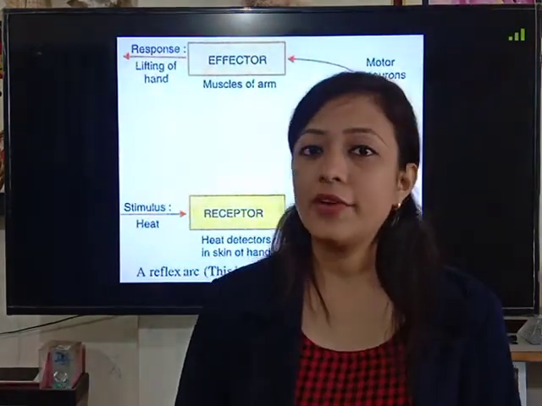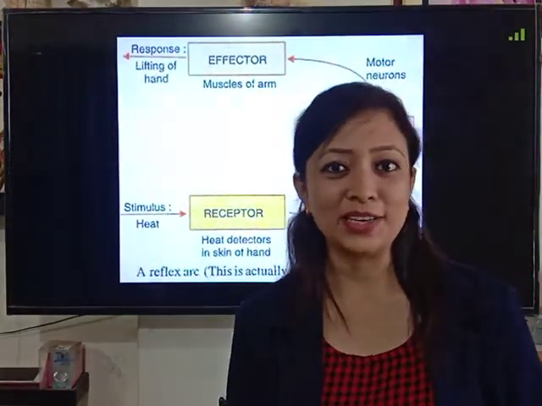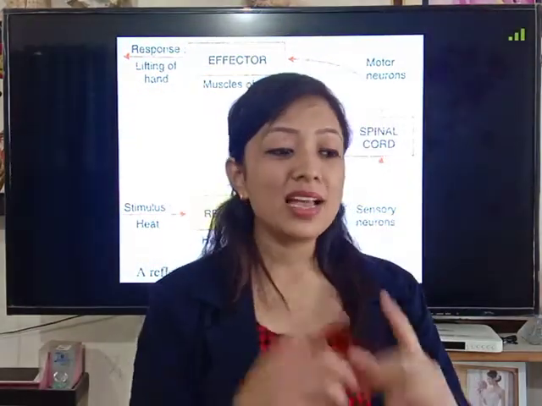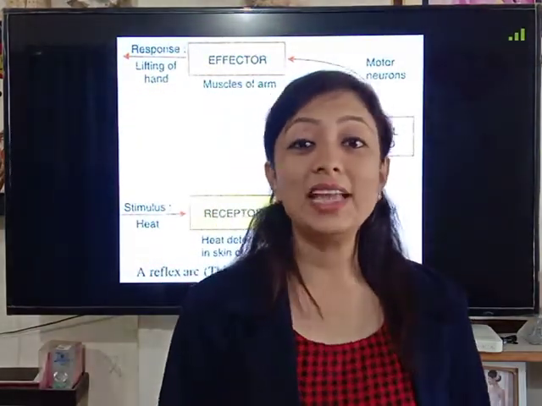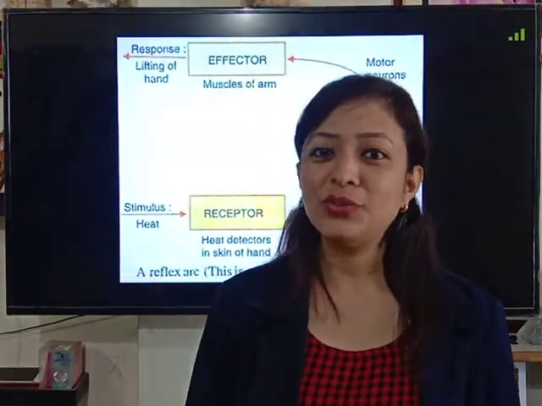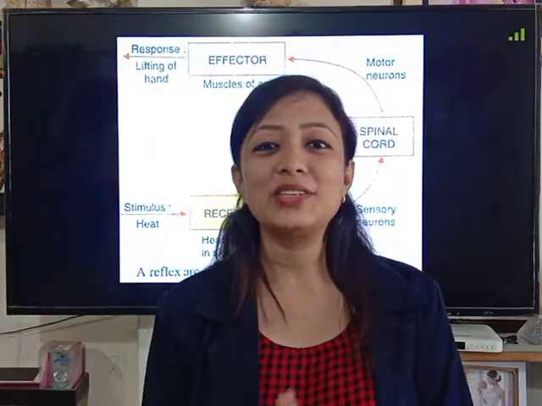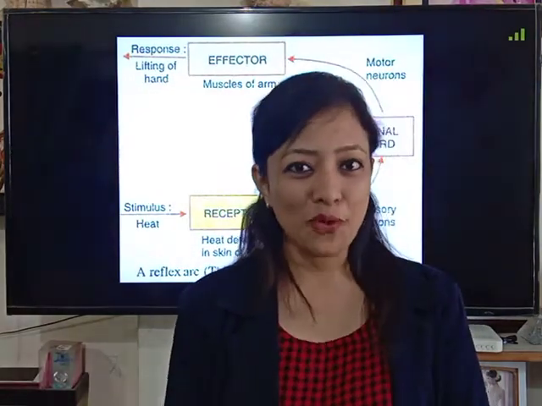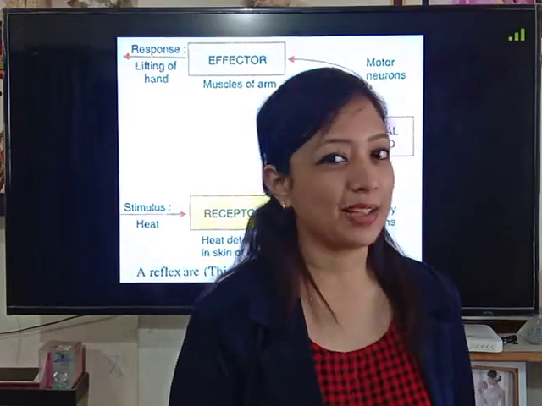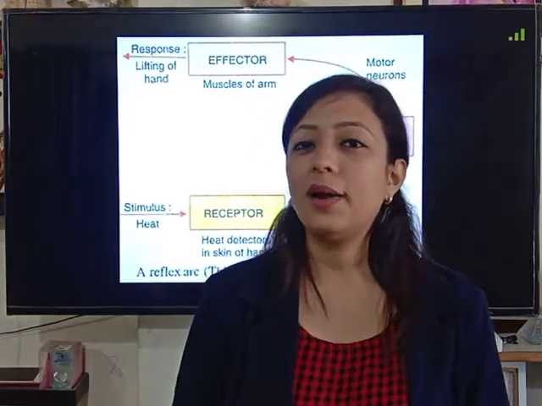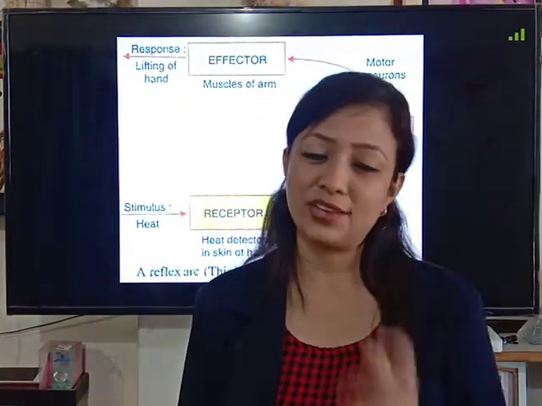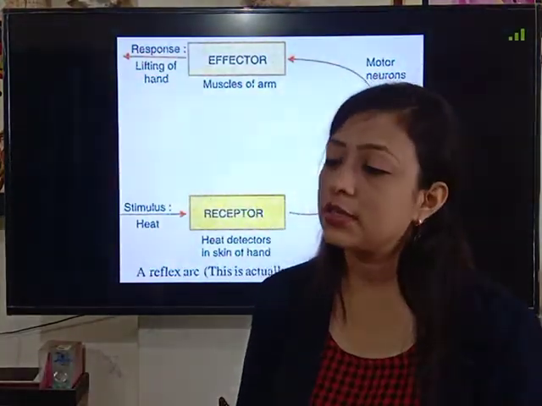Now second classification of the reflex action depends on what part of the central nervous system is getting involved in the reflex action. So in my previous lecture I told you there are two parts of central nervous system. One is the brain and the second is spinal cord. So these both the parts are located in the central part of our bodies, hence it is categorized as the central nervous system.